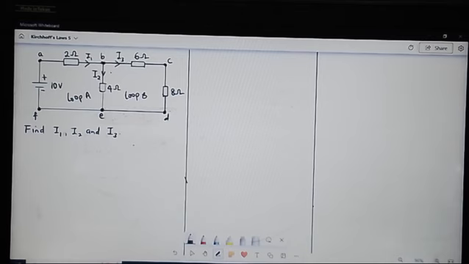How many currents are entering the junction? We have just one. That is I1. How many are leaving the junction? We have two. That is I2 and I3.